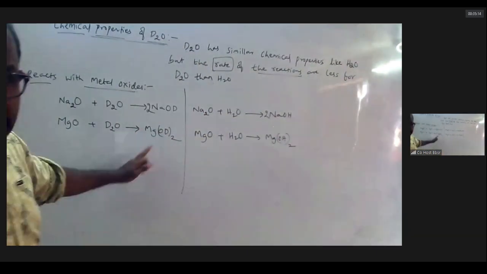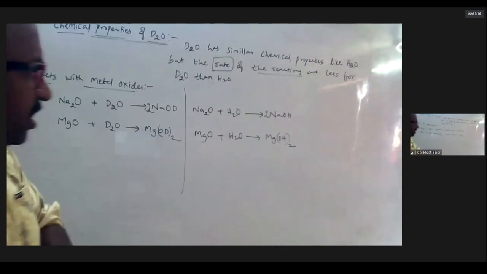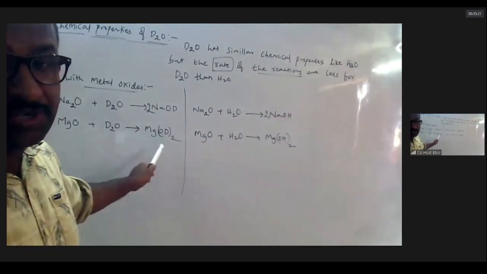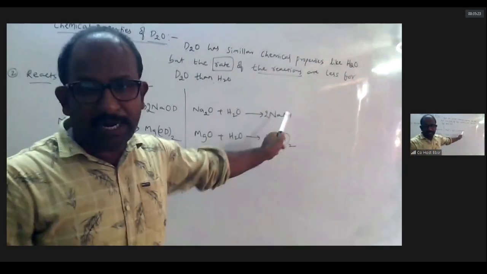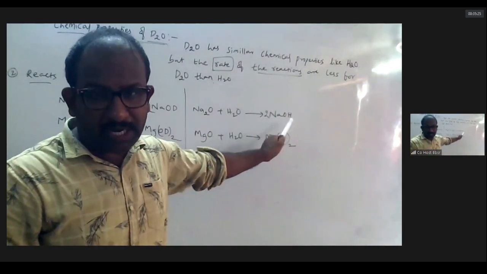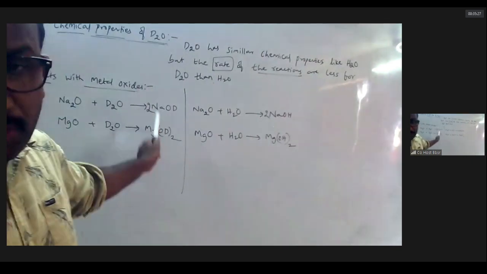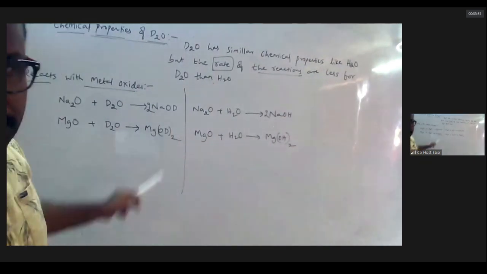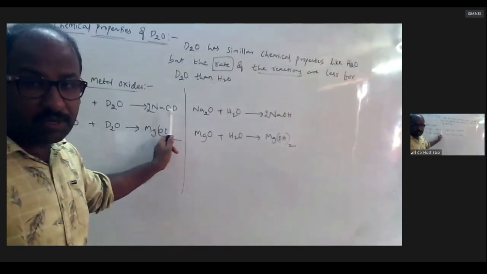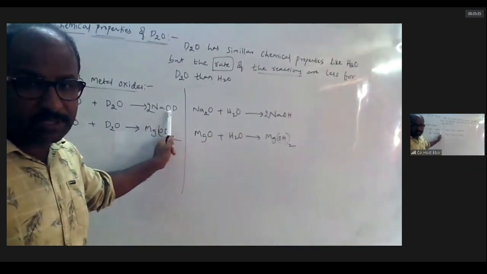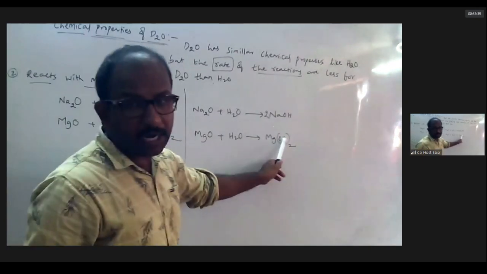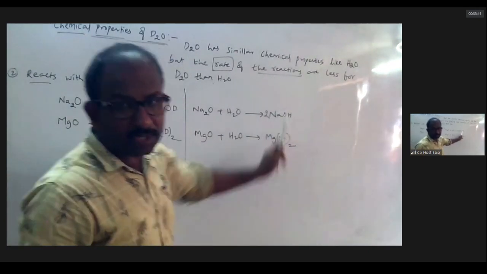Hydrogen रहेगा तो hydroxide, deuterium रहेगा तो deuteroxide. Sodium hydrogen है ना, sodium hydroxide. Deuterium है तो sodium deuteroxide. Magnesium deuteroxide. This is magnesium hydroxide, sodium hydroxide.